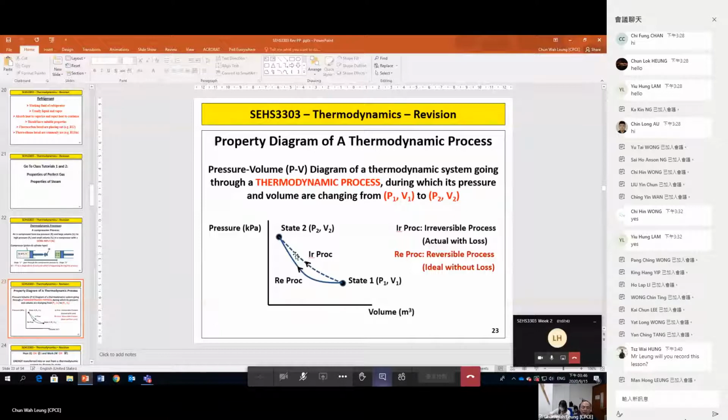If it is not reversible, it will be very difficult for us to analyze. 如果唔係 reversible 咧，好難分析嘅。咁所以，唯有 assume 佢 reversible 咯。So therefore, bear in mind, an actual process always has loss. But in doing the analysis, we usually assume it to be ideal, to be reversible. Otherwise, you will have great difficulty analyzing them. Okay?